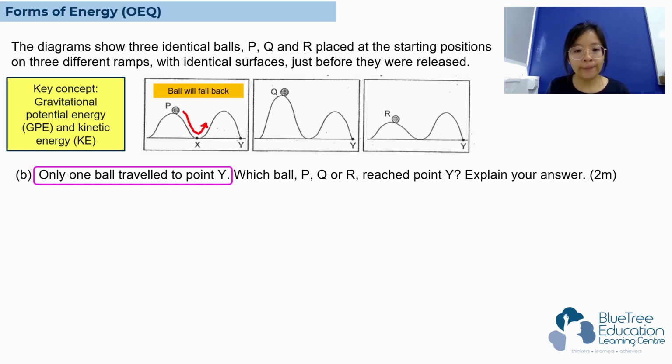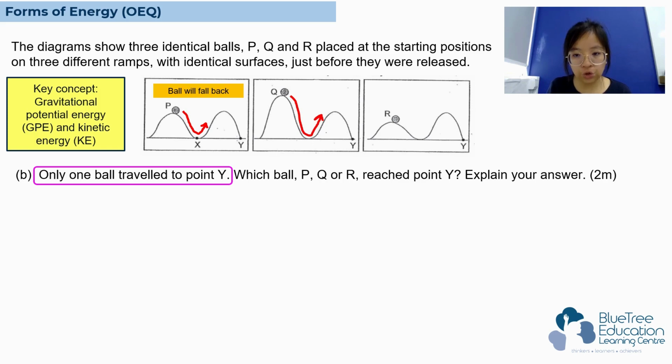Okay, so we look at P. The ball P will go down to X, and maybe it will go slightly up, but it does not have enough energy and it will go back down. Okay, because not enough potential energy is being converted to kinetic energy for it to go to the second hill. Okay, now let's take a look at the next one.